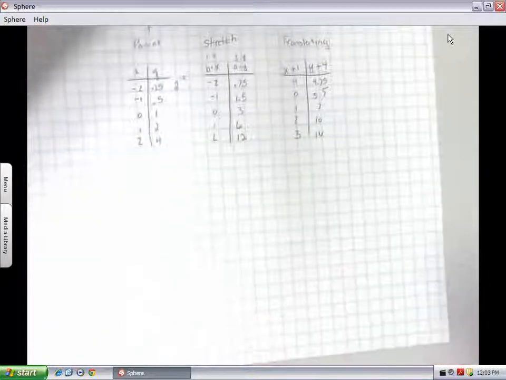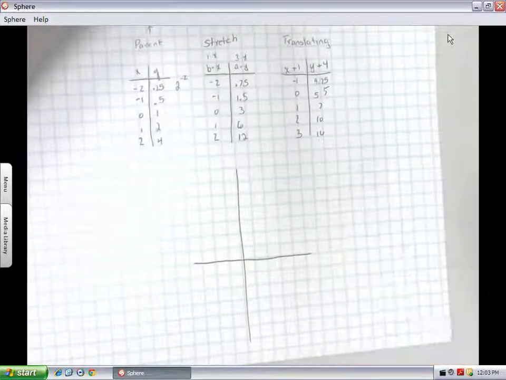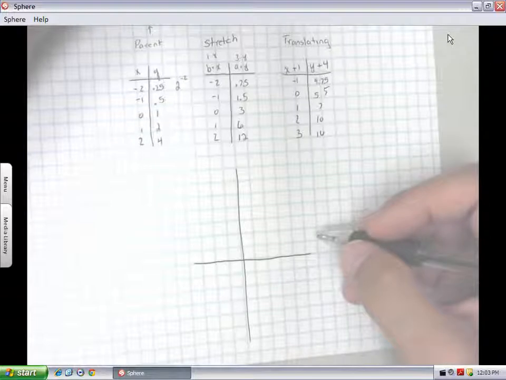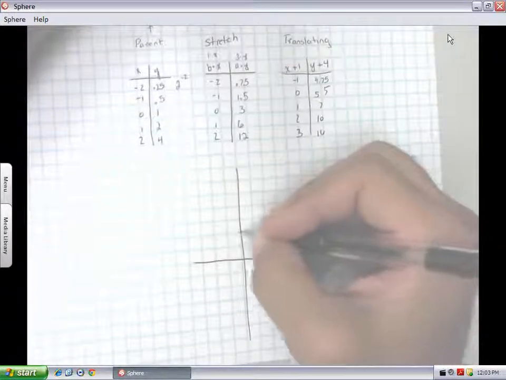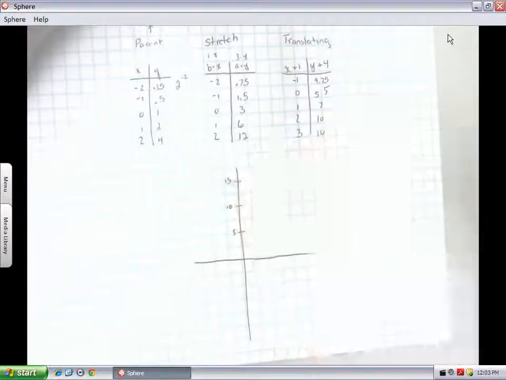Now here I'm going to make a sketch of my graph. Now, like many exponentials, because of the dramatic change, I'm going to go 5, 10, 15, dramatic change in my y's anyway.